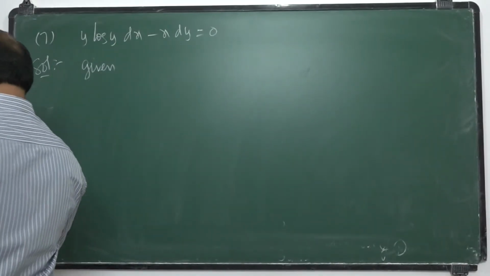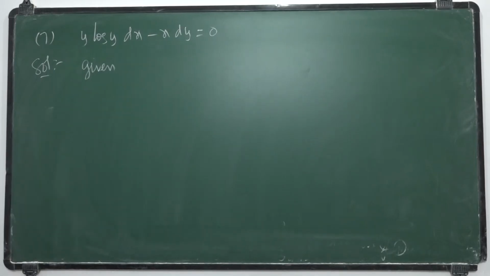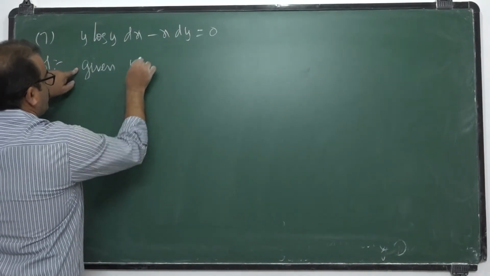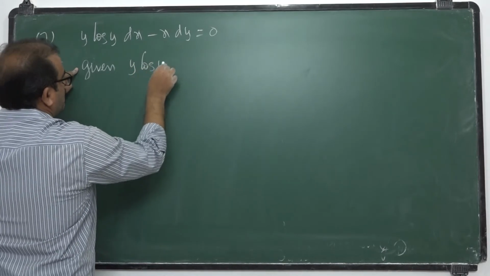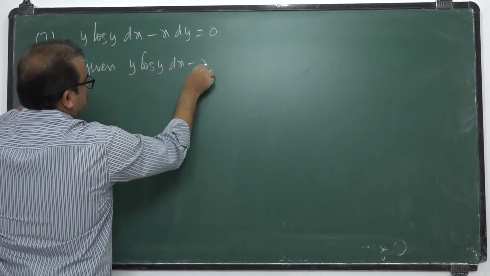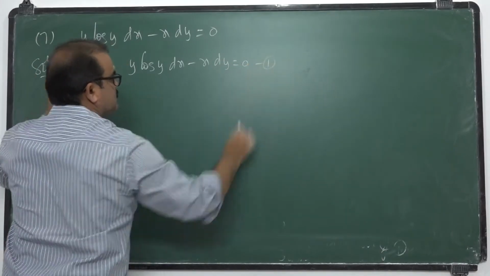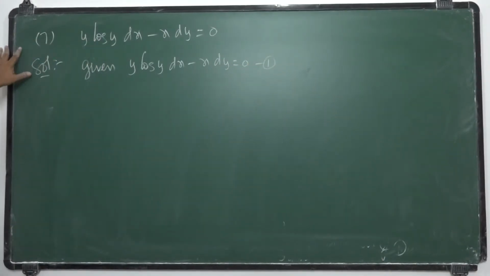Given equation. What is the given equation? y into log y into dx minus x into dy is equal to 0. Let it be equation 1.